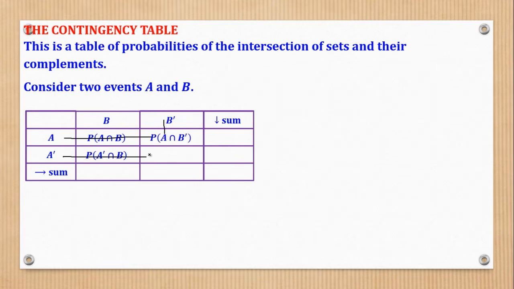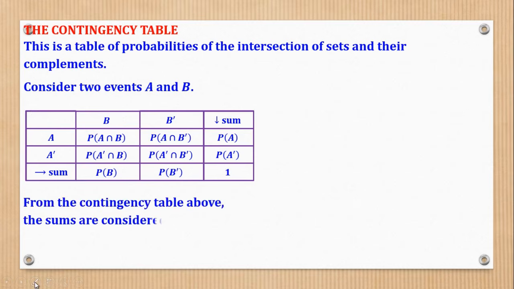And here we combine A complement and B complement to write A complement intersection B complement. Then here I shall get this and make it a probability, and this a probability, get this and make it a probability, and here I shall put 1.